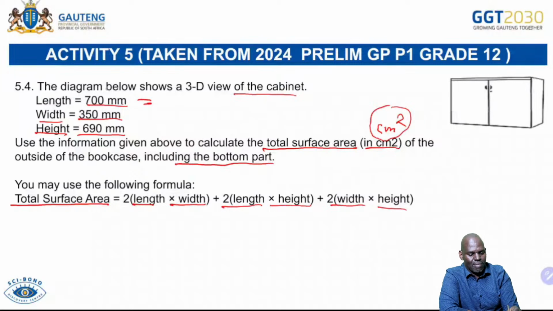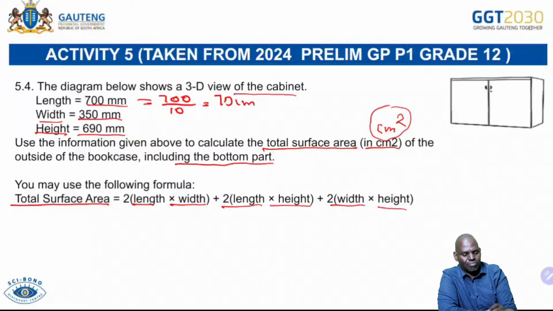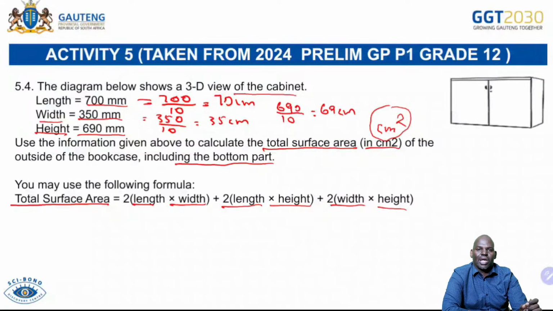So 700 divided by 10 becomes 70 centimeters. The 350, we also divide by 10, and it becomes 35 centimeters. The height, which is 690, we divide by 10, it becomes 69 centimeters. Now all of them are in centimeters.